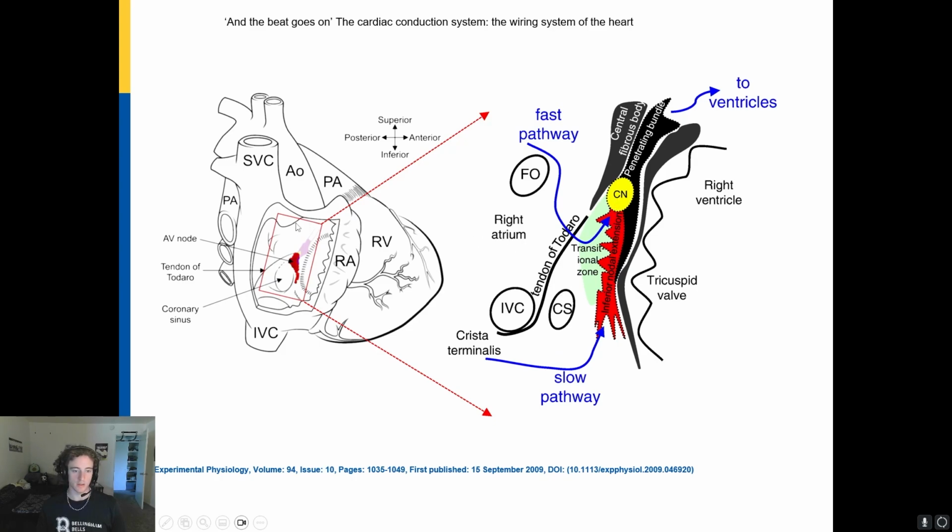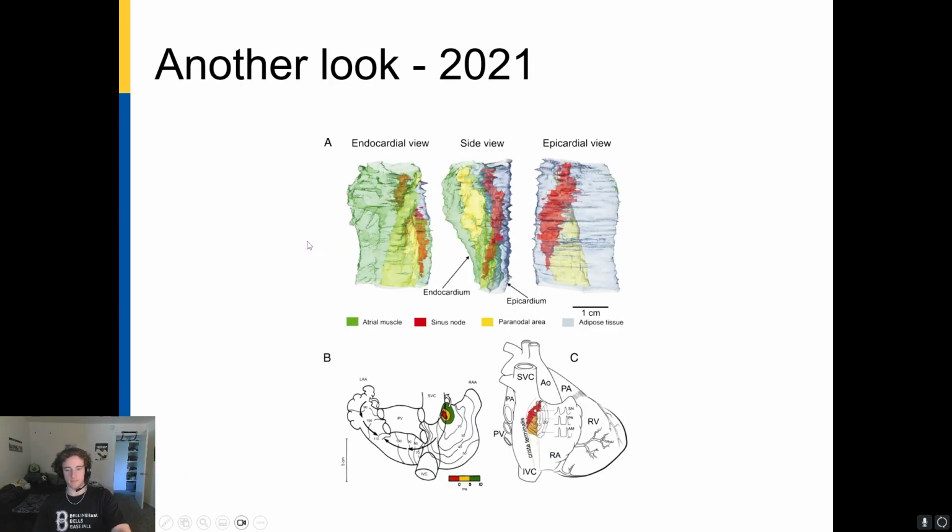So the SA node generates the signal, and then the signal is conducted through these pathways, and there are transitional zones between the muscle and the nodal tissue. And that also exists, like we saw in this one, in the perinodal area.